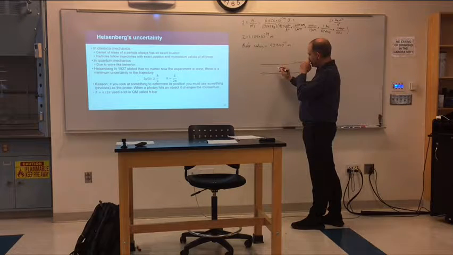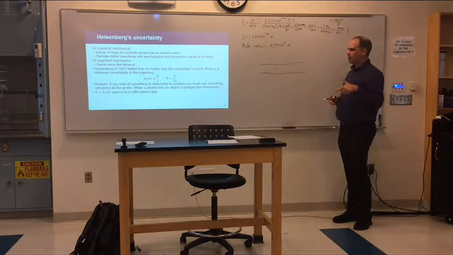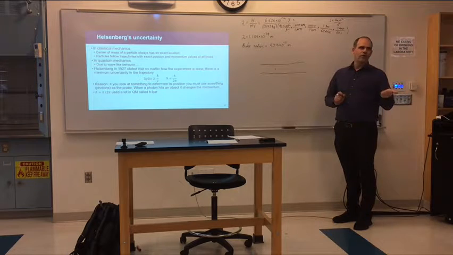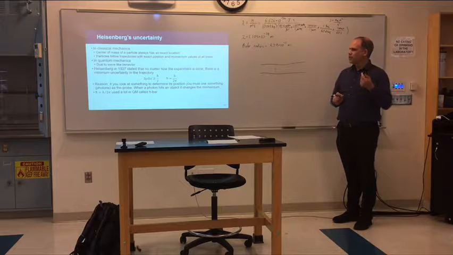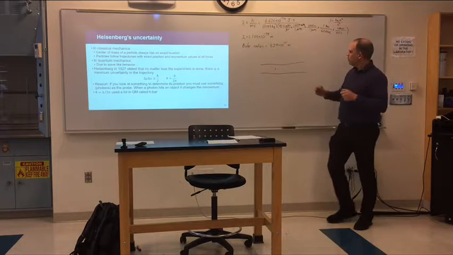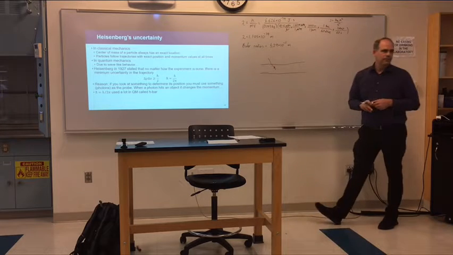The way that you're going to find the position is you're going to fire something at it, and the thing that will give you the least amount of change or the least problems is firing a photon. Right? Photons don't typically have a lot of energy, so if we fire a photon at a very small particle, it would have to collide, and that would tell us where it was at. Right?